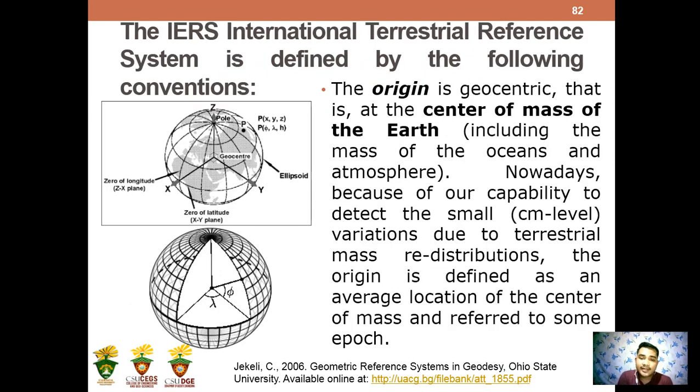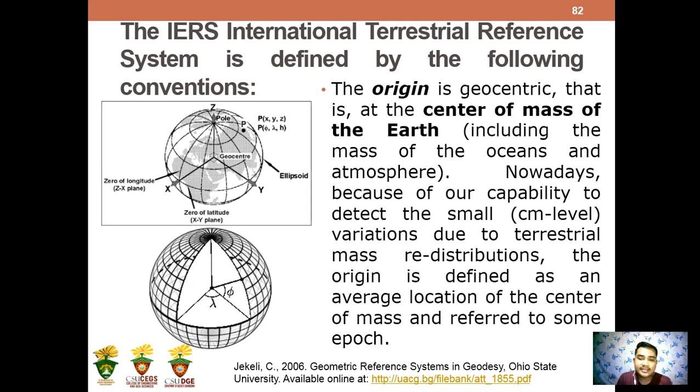So, the IERS International Terrestrial Reference System is defined by the following conventions. Because in the early days, to define or understand the origin, for example, and the parameters, they needed to convene through conventions. And out of those conventions, they defined it.